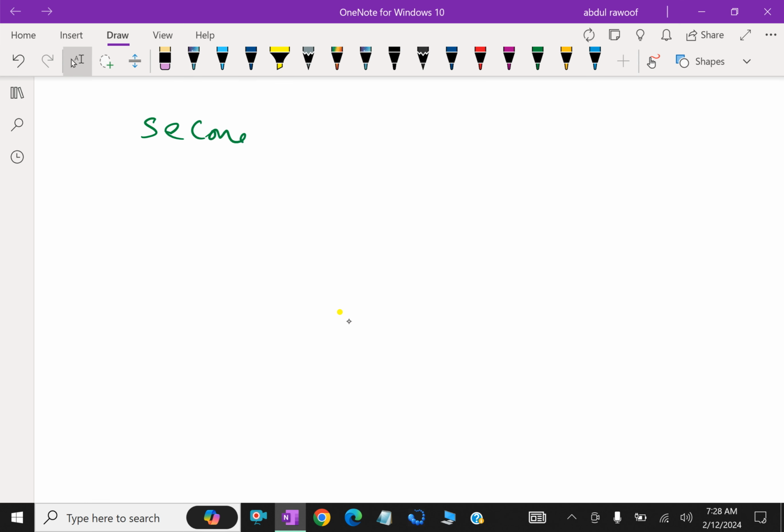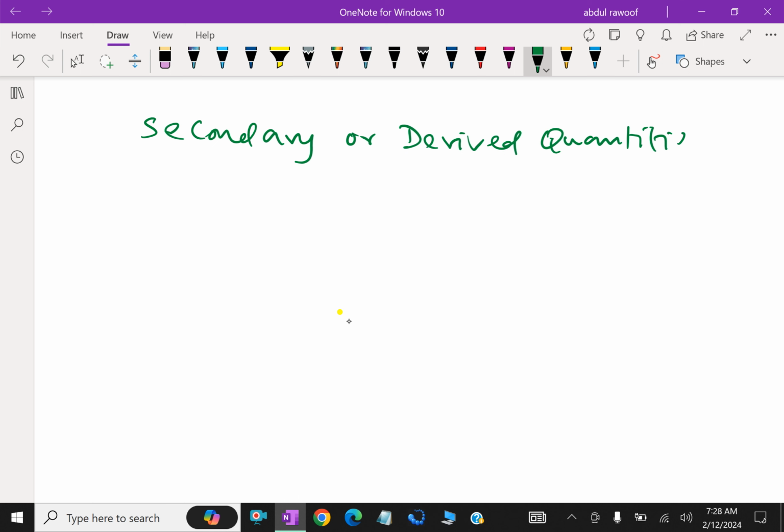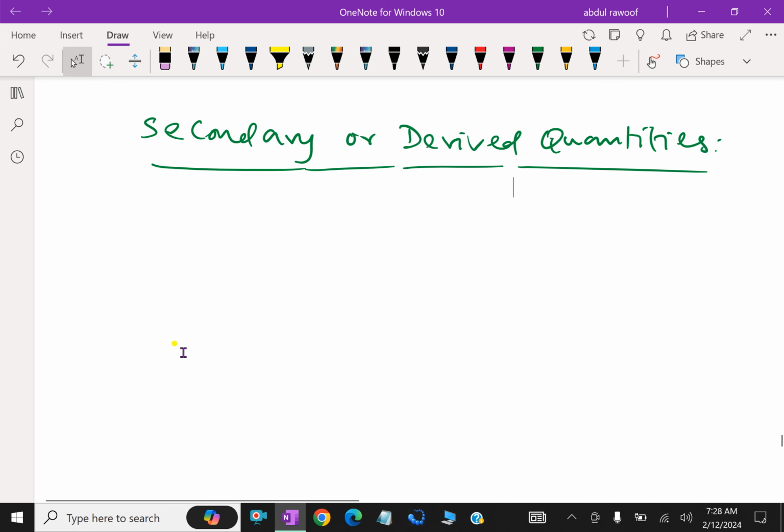Now, secondary dimensions, that is secondary or derived quantities. Those are quantities which possess more than one fundamental dimension.